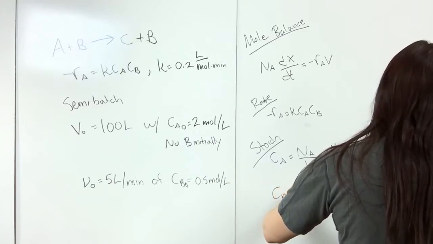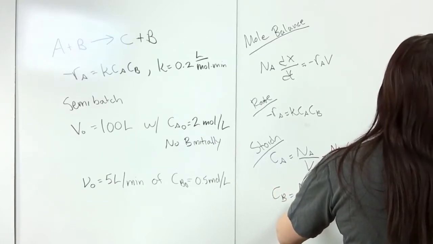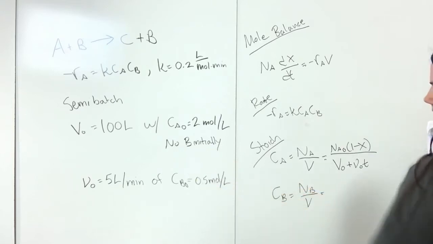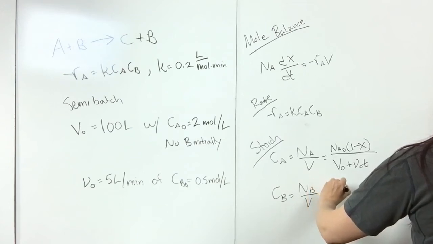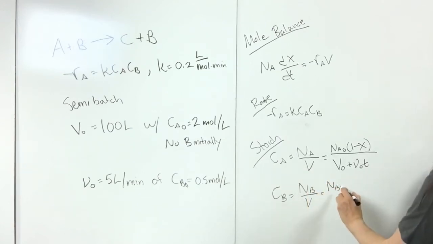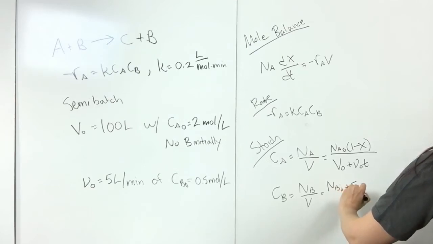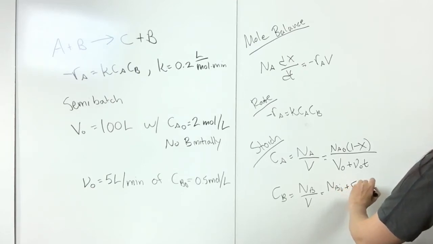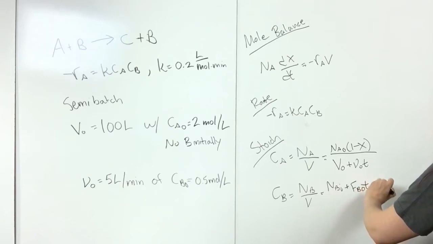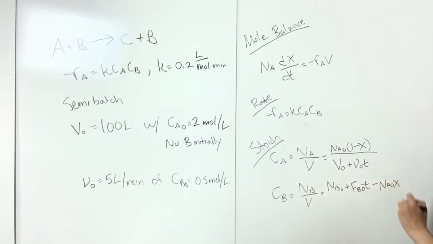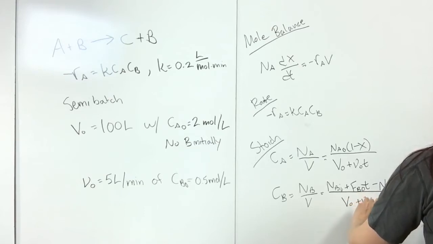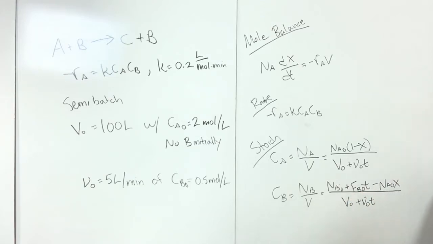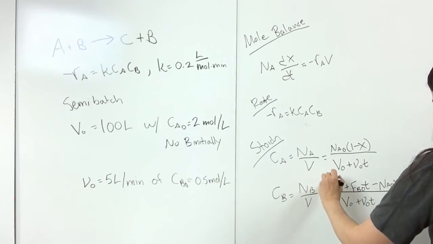And then CB is also equal to NB over V. But since we're adding B to the reactor, this is slightly different. So we know that it's NB initial, what's in there initially, plus FB0 t, what's added, minus NA0 X, what has converted, divided by V0 plus v0 t. And then we know that there's nothing in there initially, so that's 0.